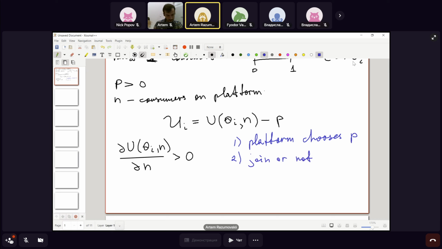What is important in the model is that they do this simultaneously, not sequentially. That's a bit different. And third, those who decide to join then join, those who decide not to don't, and then we are in the equilibrium.